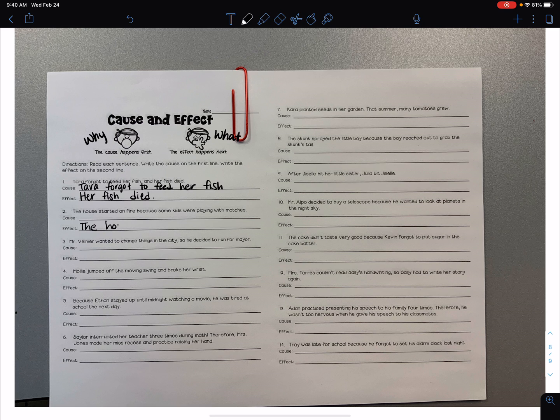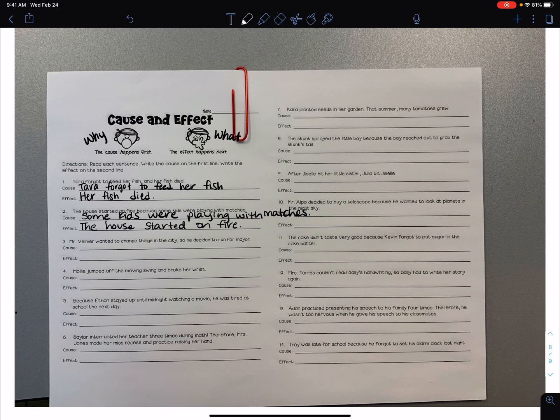The house started on fire. Then I can ask myself, what was the cause of the house being on fire? Why did it happen? Because some kids were playing with matches.